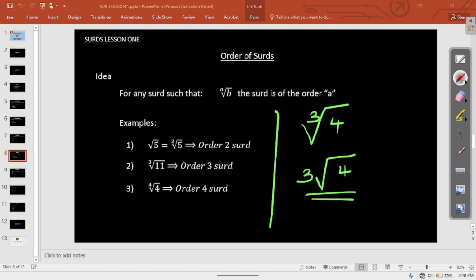Now this 3 is actually a rational number that we are multiplying with the square root of 4. So the order of this particular surd still remains order 2. This 3 here is just a scalar multiple that we use to make this root 4 a mixed surd.